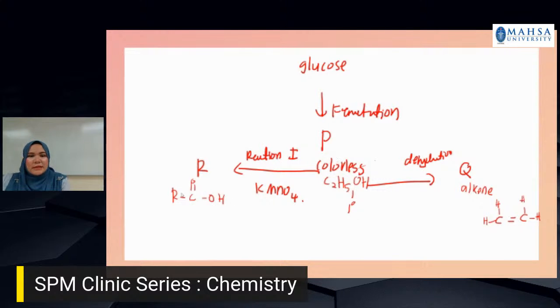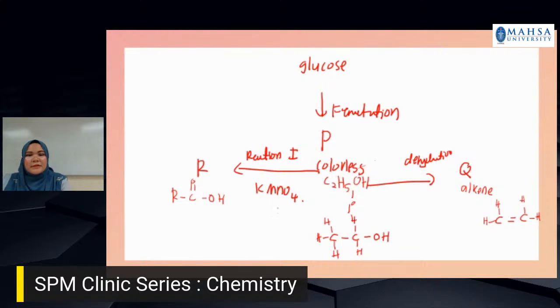Since it is a primary alcohol, the structure should be CCOH, with H, H, H, and H on the remaining positions.